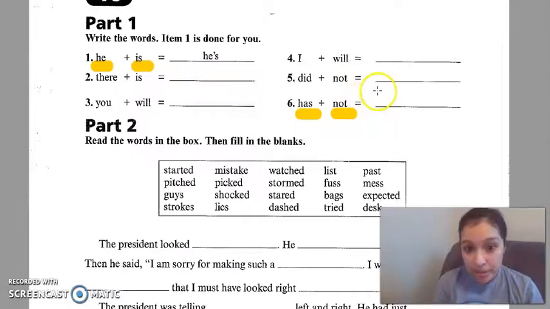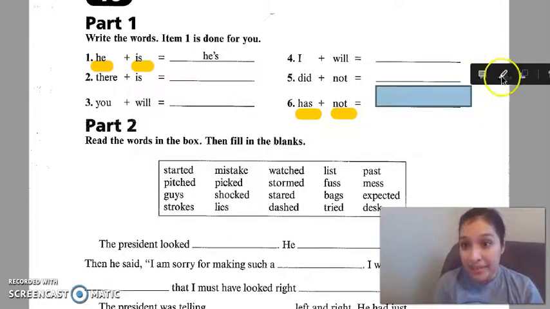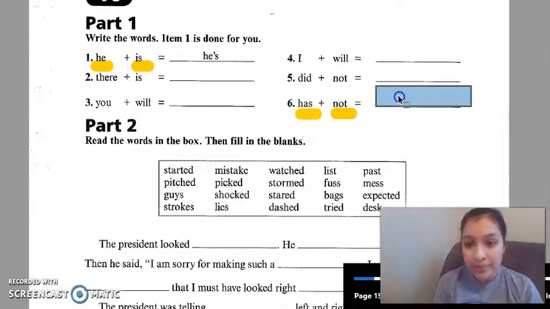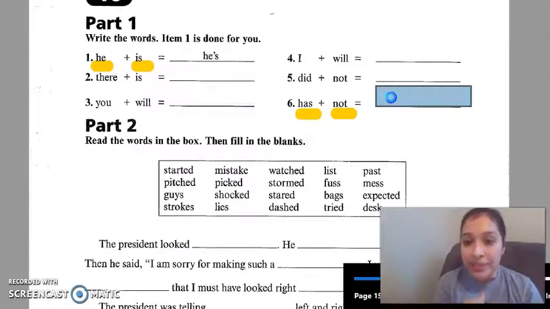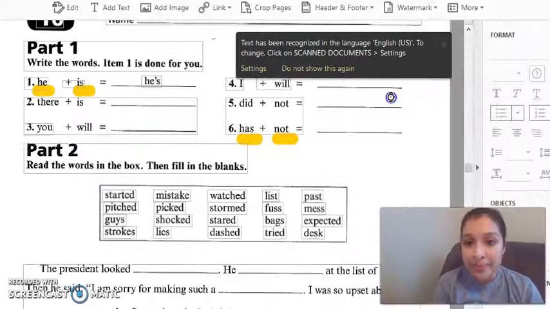Has and not. What word does has and not make? What word? Yes, hasn't. So my computer is freezing, but we will be writing has not in this box right here.